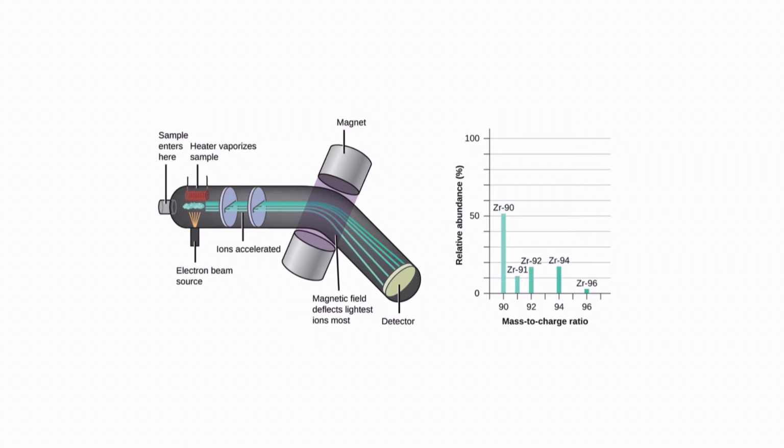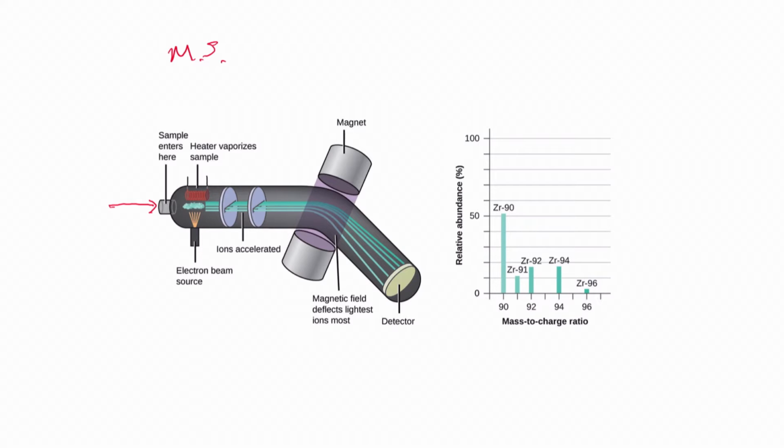Okay, and so over here is our schematic for a mass spectrometer, which we will call MS for short. The way a mass spectrometer works is first you inject a sample right here. The sample typically is in the gas phase, could be a liquid, could be a solid, but usually a gas.